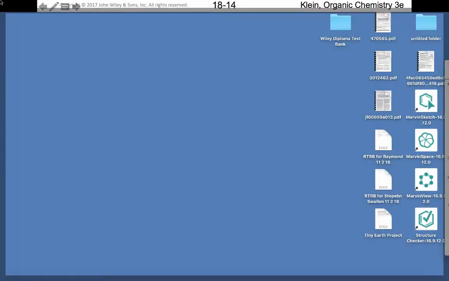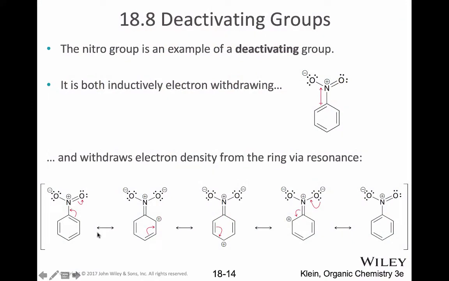So remember, when you have monosubstituted aromatic rings, one of the things that comes up is that you can affect the rate of the reaction and the regioselectivity. When I have a nitro group on there, remember, when I draw the nitro group, there's a positive charge on that nitrogen, making that atom much more electronegative.